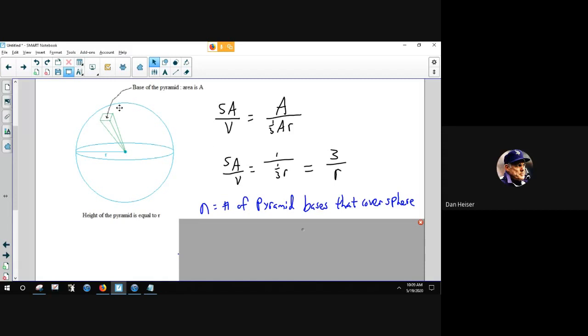The bigger we make them, the more curvature we need. So I want to make these really small, and I want to cover the entire sphere with them. Let's say there are N of those. It takes N of those little tiny pyramid bases to cover the whole sphere.